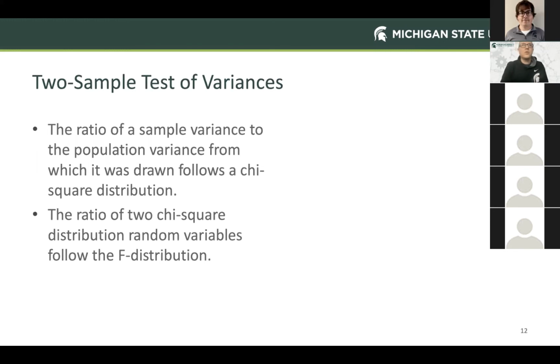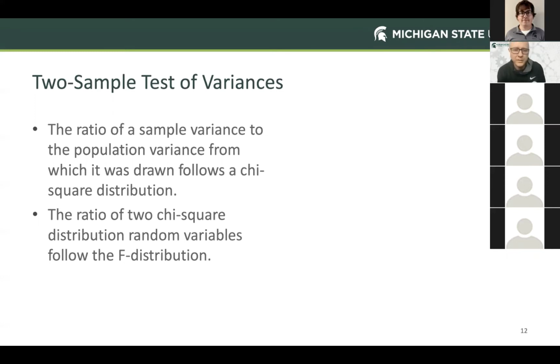Okay, so extending that, we can take that same approach we just worked through and apply something similar to compare the variance between two samples, as opposed to comparing one sample to a reference value of interest, okay?